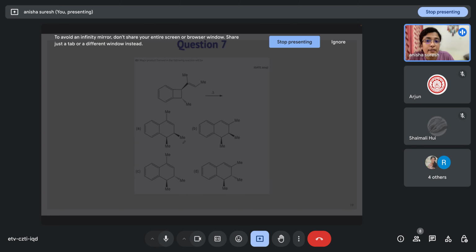So major product formed in the following reaction will be. So in this case, two methyl groups are also getting involved. So here the important thing we have to take into mind is the stereochemistry of the centers. So the concept is similar to that of the previous question.